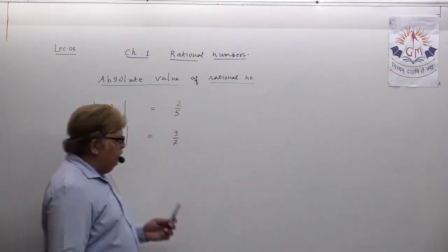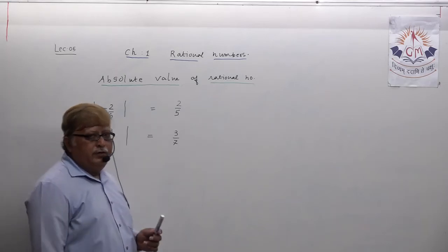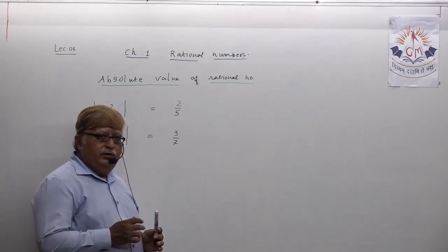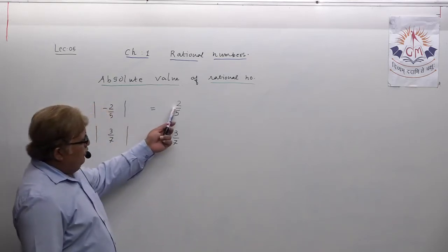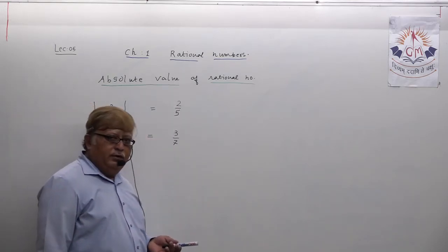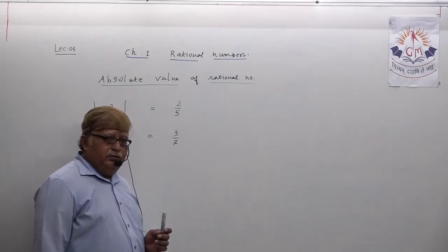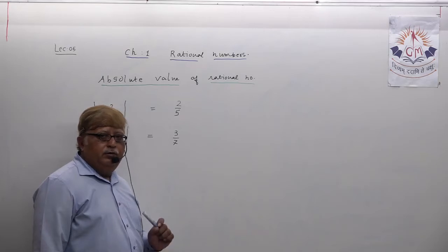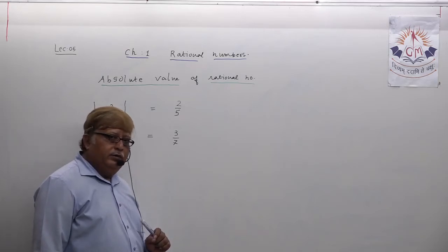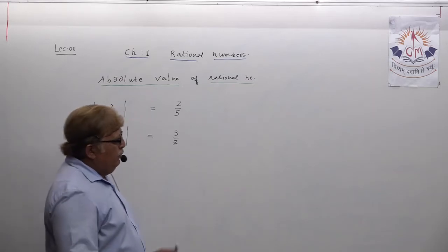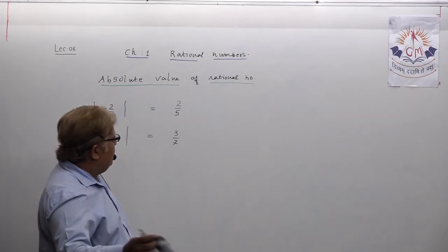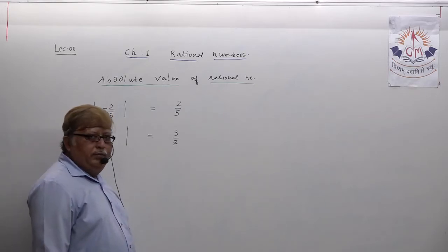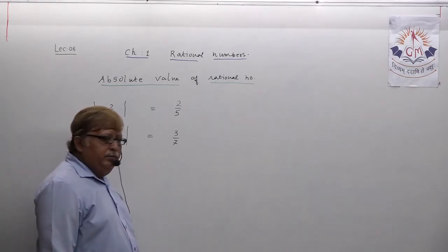Just write the rational number in this modulus sign, which is actually the symbol of absolute value, and take out the rational number without the sign. You just have to concentrate on only the value of the rational number. So the meaning of absolute value is clear in your mind.